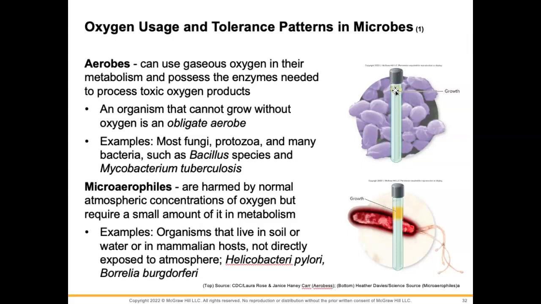Just like any jar has a little bit of air where you screw it shut. So those microbes are all the way up there so they can get to the oxygen. So when we look at this in the lab, if we've inoculated this with a pure culture and that pure culture grows all the way towards the top, then that tells us that that is an aerobe. Right? Now we know that that is an aerobic organism.